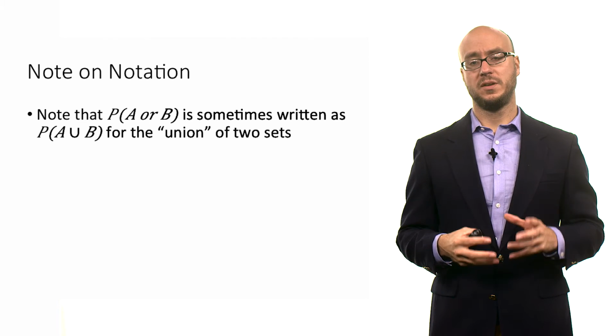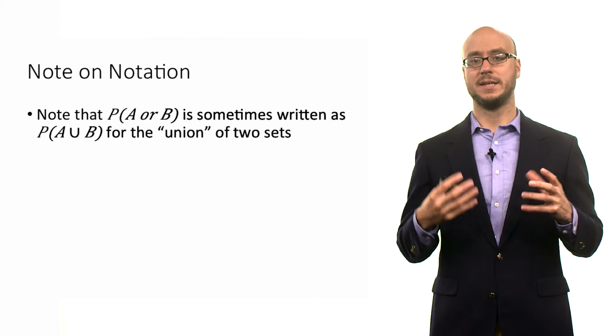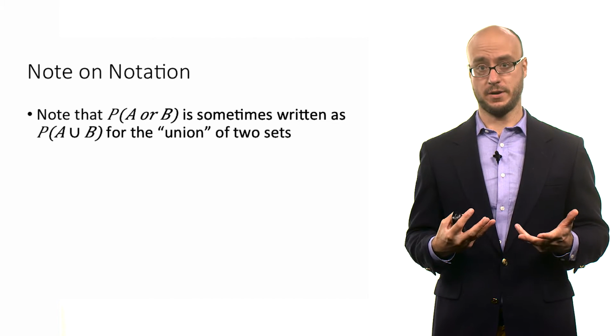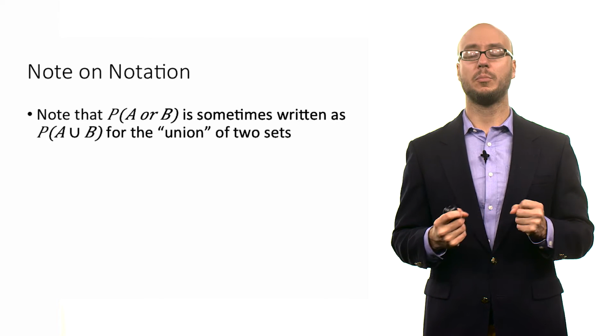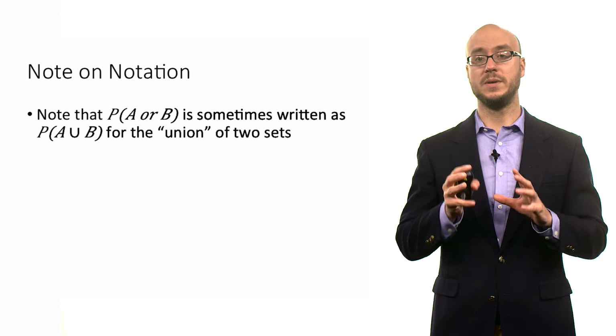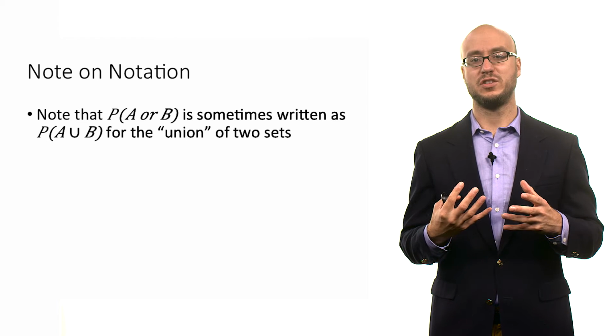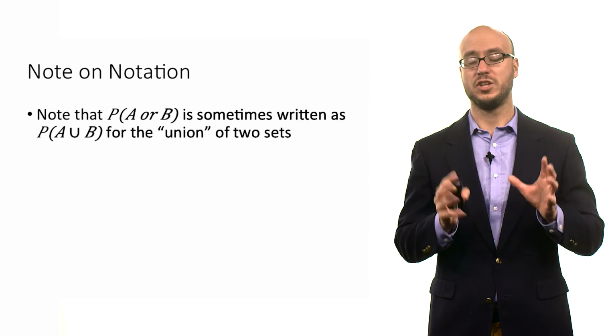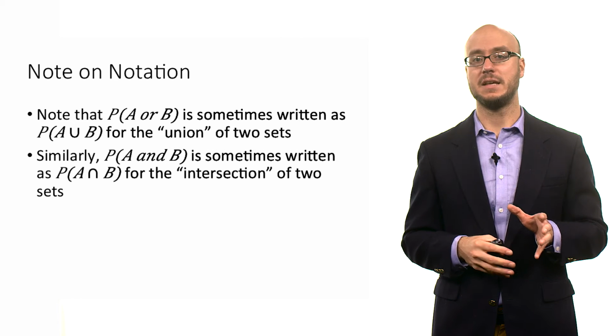So let's step back and say something about notation. The probability of A or B is sometimes written using this notation from set theory. You might see the probability of A, and then this sort of U, B. That just refers to the union of two sets. That's where the U comes from. It means the same thing as or.